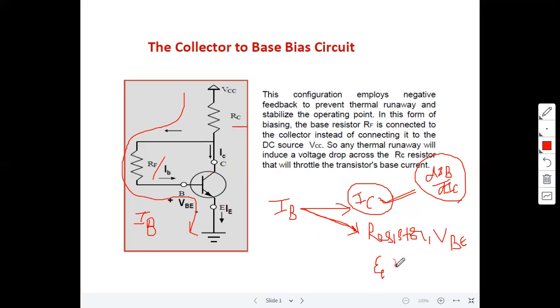So by applying KVL to this loop, derive the base current expression in terms of collector current, and in terms of resistors, junction voltages and DC sources.